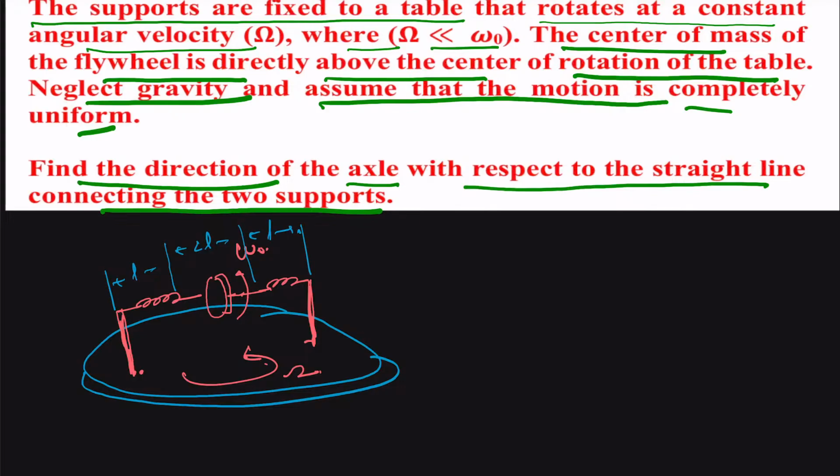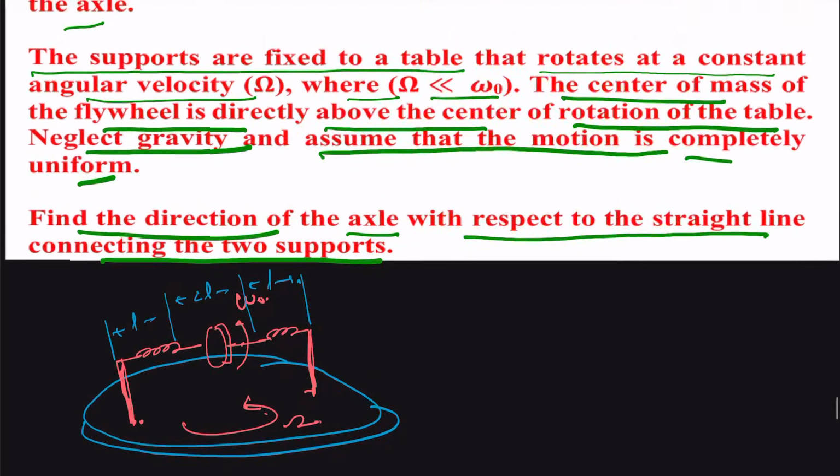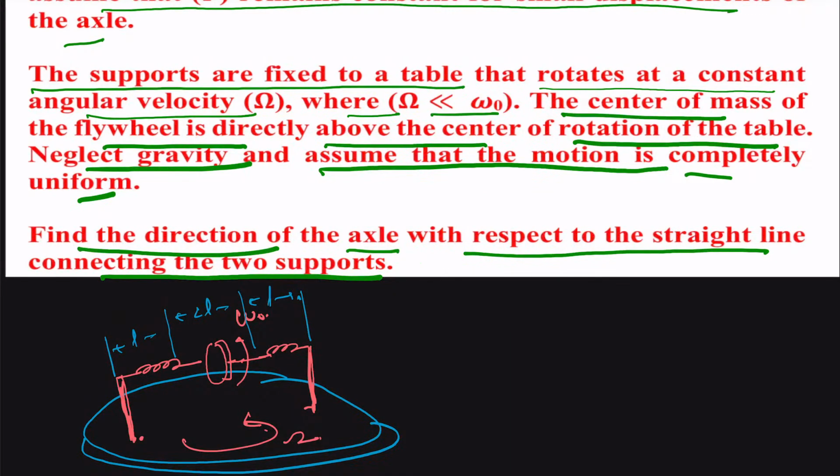Obviously this disc which is connected with the support is going to rotate, and it will give some twist to it, and because of the turning of the table, there will be a change in the position of this disc with respect to the springs. We will draw that later on also.